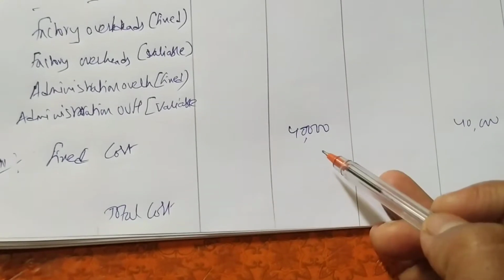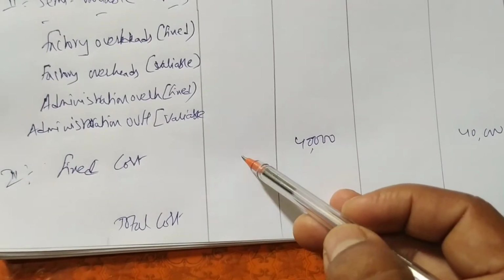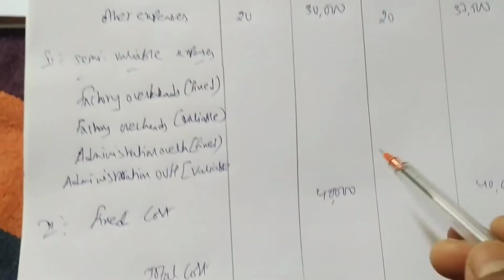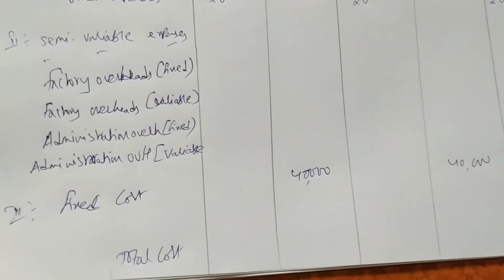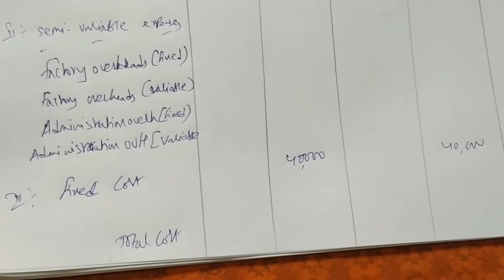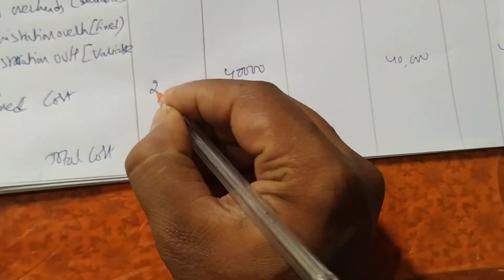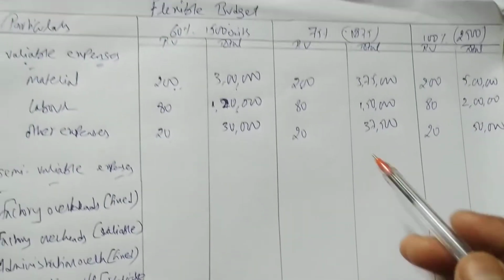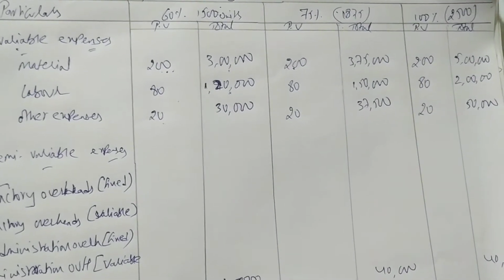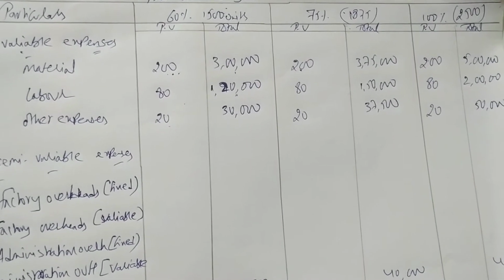Fixed overheads we can find out. Fixed overheads per unit. See, fixed cost is 40,000. So you want to find out per unit. How to find out? So total divided by units you do. So 40,000 divided by 1500. We get 26.6. We can write 26.67 also. Again 40,000 divided by 1875.